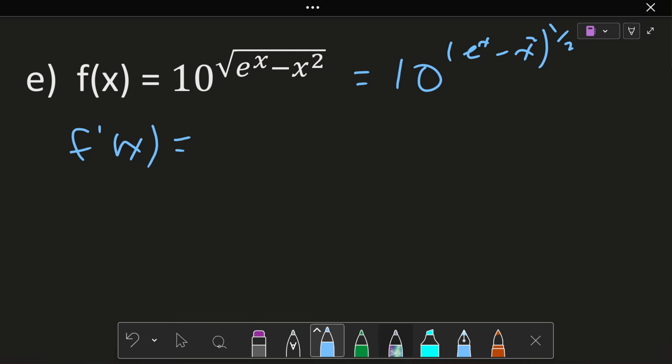That's going to help me when I take my derivative, because I'm going to have to do the derivative of my exponent, and that's going to make it a little bit easier.